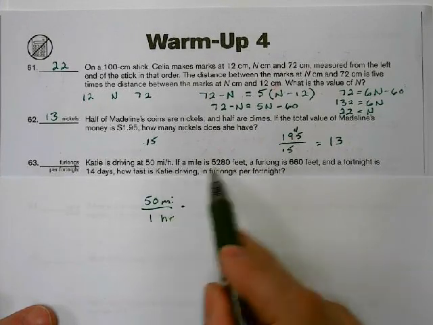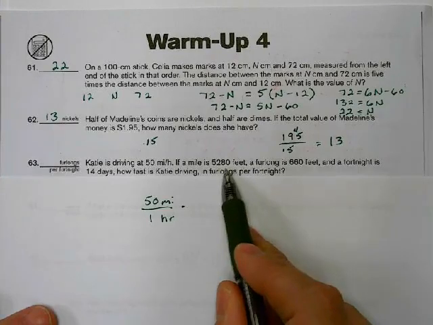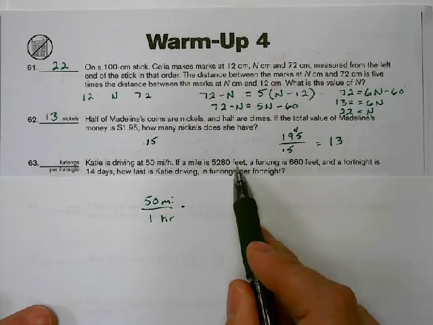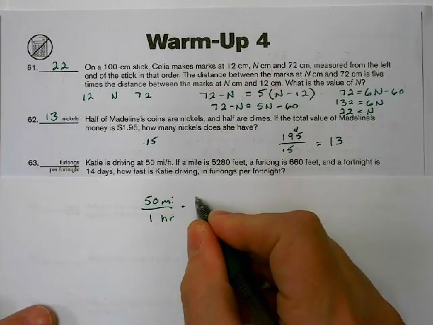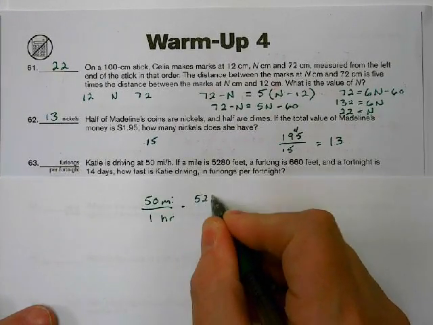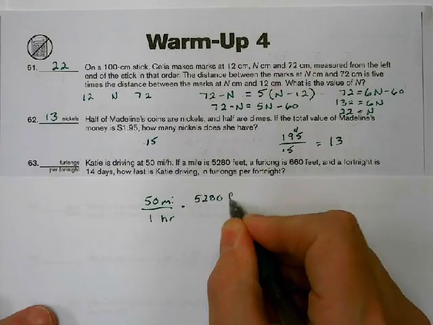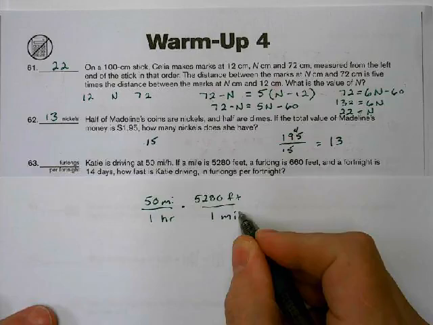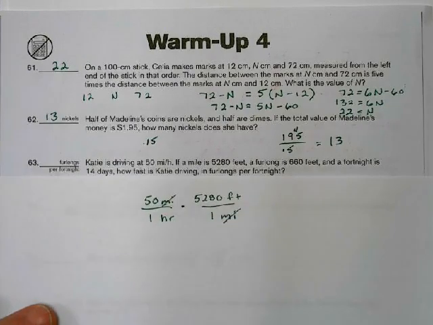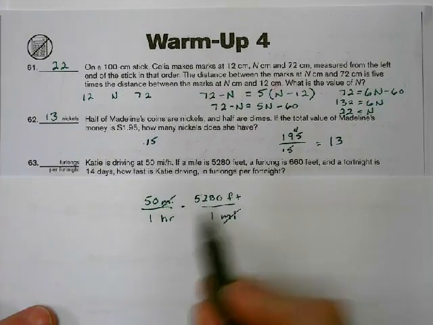So there are 5,280 feet per mile. So my first conversion is going to be 5,280 feet per mile. Now what that does is it reduces miles, and now I'm in feet per hour.